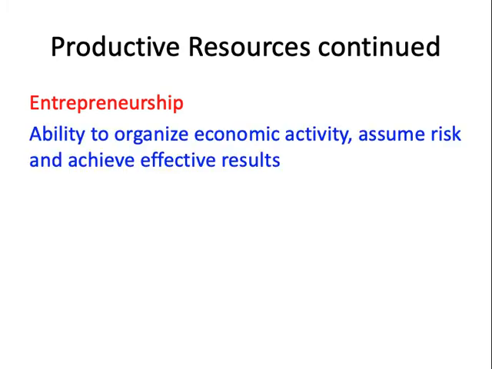An entrepreneur is someone who is able to organize economic activity, is willing to assume some risk, and through that can achieve effective results, right? Just taking risks and doing something but always failing, are you an entrepreneur? Yes, you're perhaps a serial entrepreneur, but are you good at it? Maybe not. So we want to separate the people who are doing effective entrepreneurship work, as those people are pushing our economy forward and increasing what's happening in our economy, right?